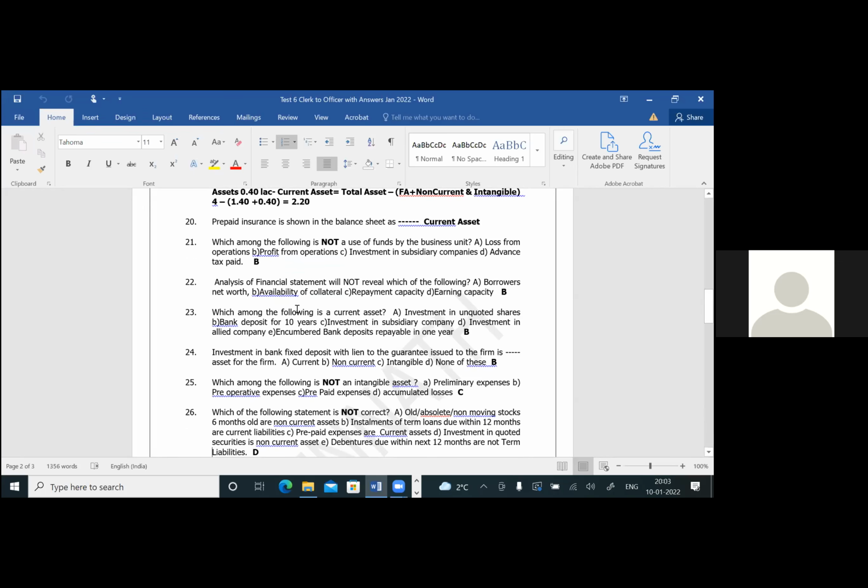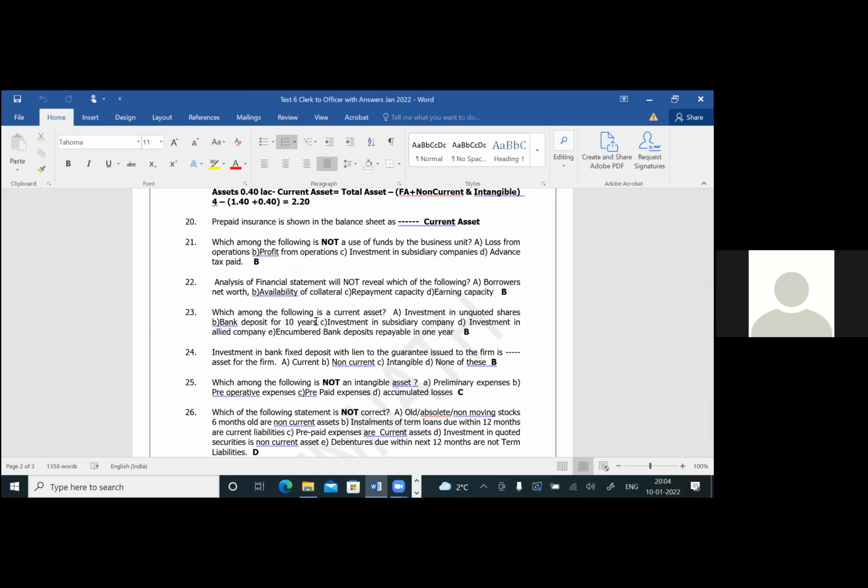Investment in unquoted shares. Friends, I told you investment in unquoted shares is a non-current asset. Only if it is quoted shares, it is a current asset. Investment in unquoted shares, no. Then bank deposits for 10 years. If they have mentioned bank deposit for 10 years encumbered, then it is not a current asset.